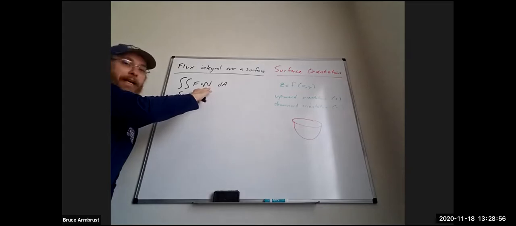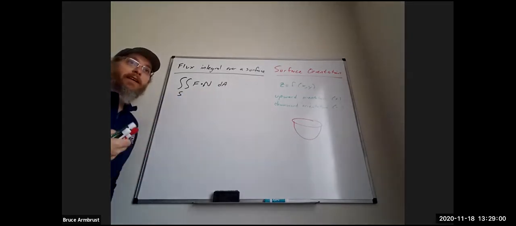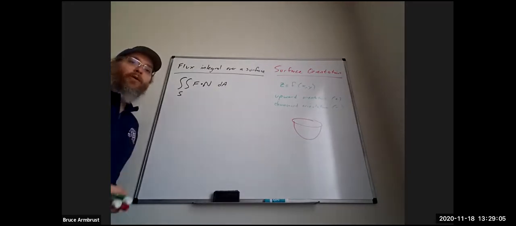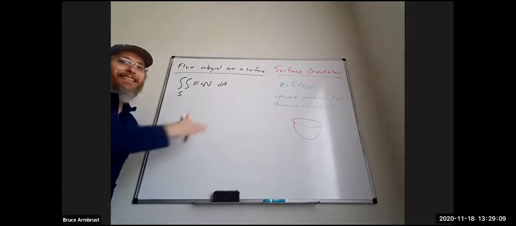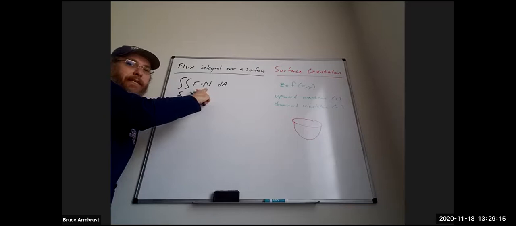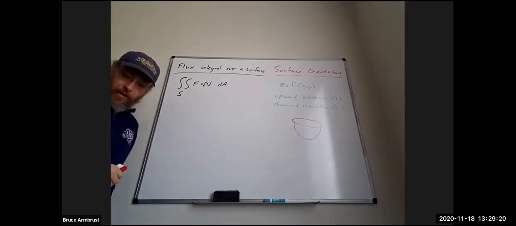It's just now this n has to be normal to the surface. And by dotting it with F, we're finding the portion of the field vector that is pointing orthogonal to the surface. So it's exactly the same idea. It's exactly the same setup. It's just a double integral.